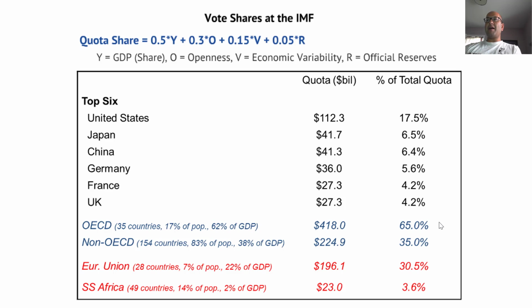So what you have is an organization in which there is not representation proportional to population, rather it's representation proportional to income. So the vast majority of the world's population is underrepresented at the IMF in terms of voting power. So that's something to consider: international organizations have not always acted in the best interests of developing countries.